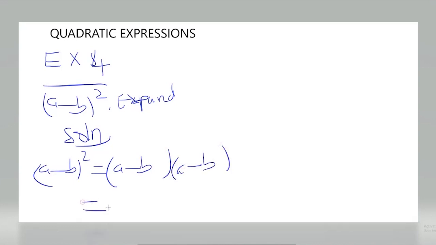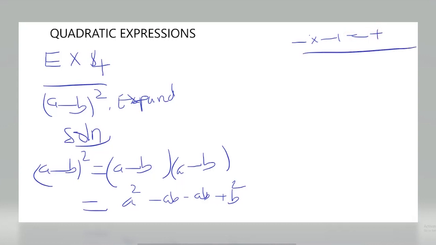Therefore, this will be equal to a times a, which is a squared. Then a times negative b is equal to negative ab. The negative b times a will be equal to negative ab. Then negative b times negative b is equal to positive b squared, because negative times negative is always positive.